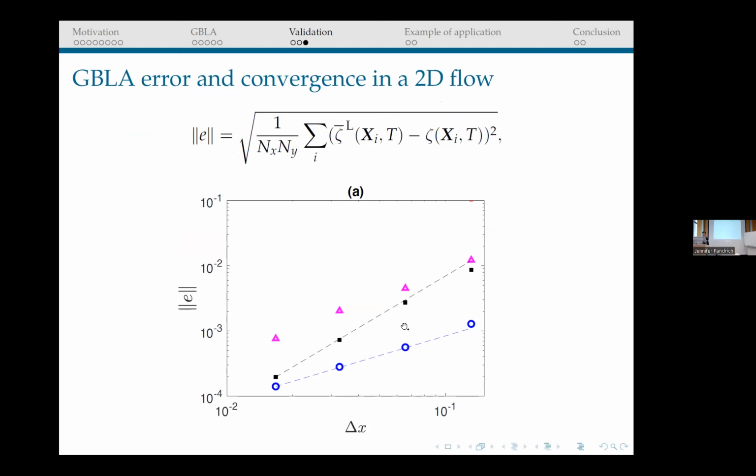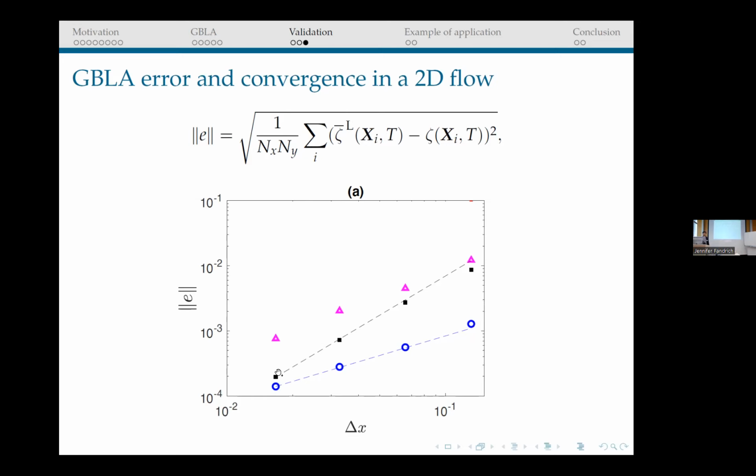So does it compare well? Yeah, so this is the plot. In this particular case of 2D flow, I was lucky because vertical vorticity is conserved, and I can use the instantaneous value for vertical vorticity as my exact solution, and then I use the approximated Lagrangian mean and use this error norm. The blue one here is the particle tracking.